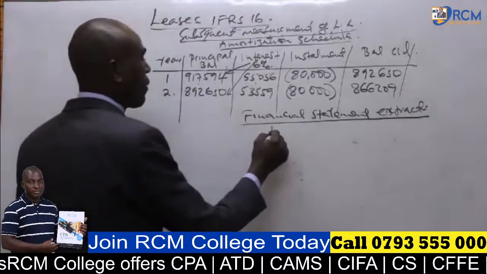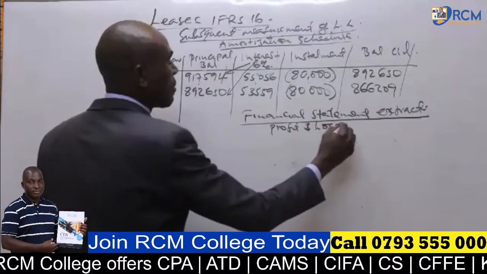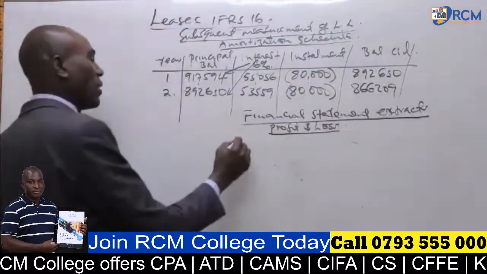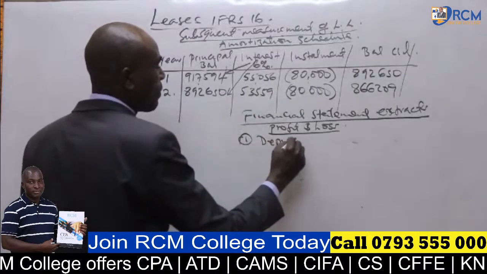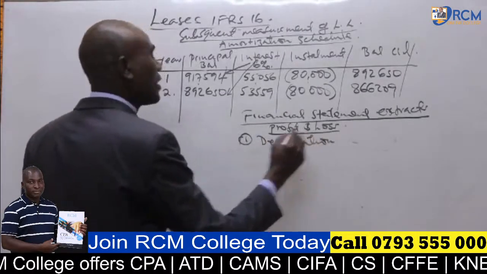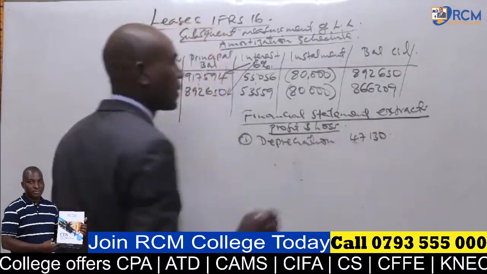Let's begin with profit and loss. What goes to profit and loss? Number one, we have depreciation, which was 47,130.